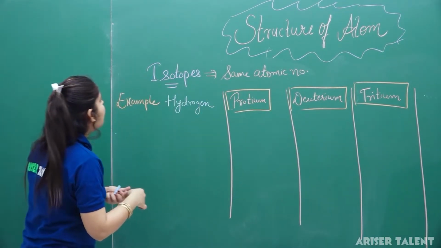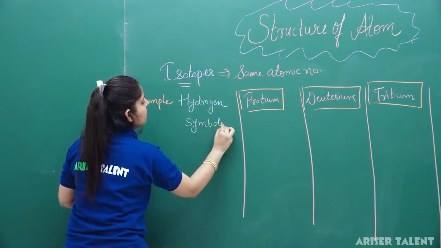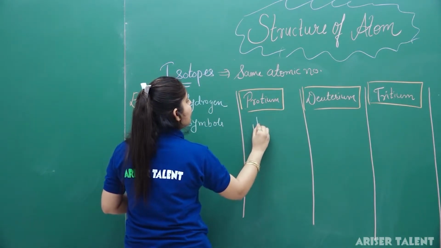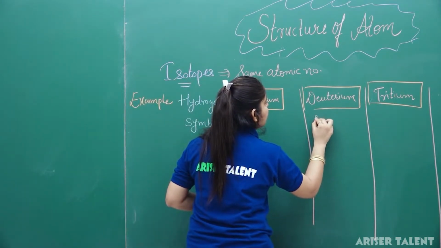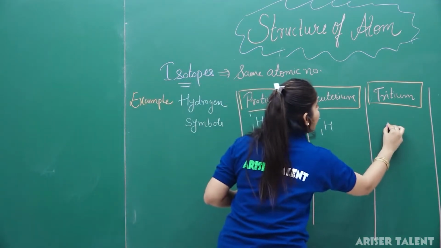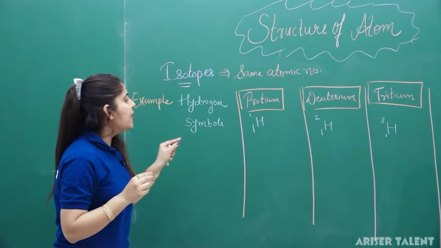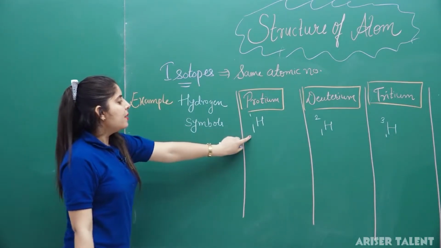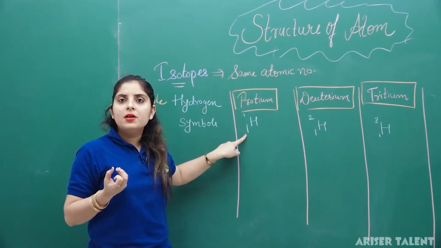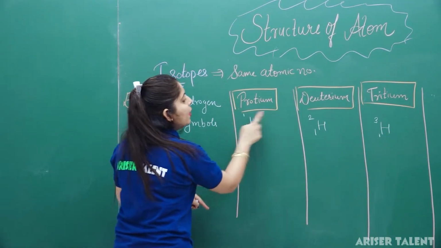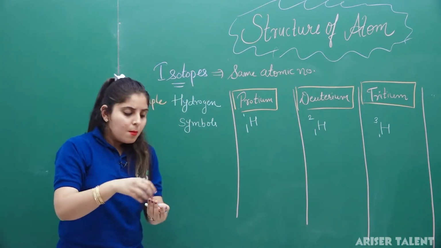Now we will write the symbolic representation of this. Protium can be written as 1H1, deuterium can be written as 1H2, tritium can be written as 1H3. Now what we can observe from here, the atomic number, that will be the number of protons, is written in the lowermost part as a subscript, and 1, 2, 3 that is written in the uppermost part of the element is regarded as the mass number.